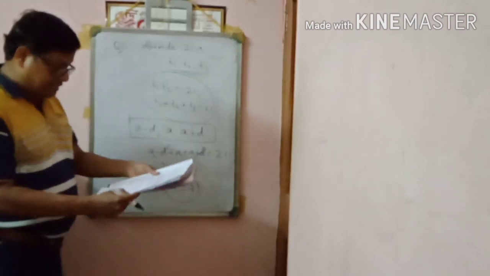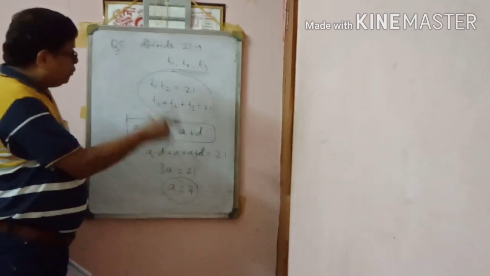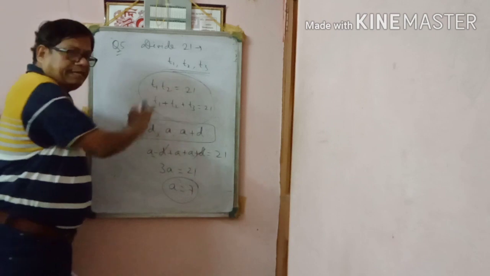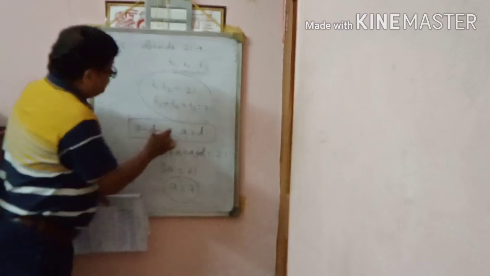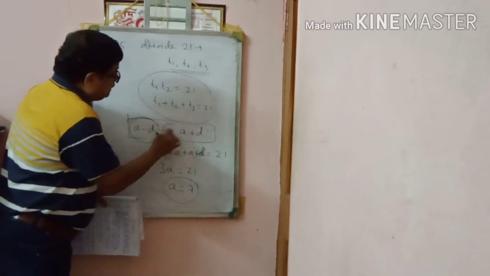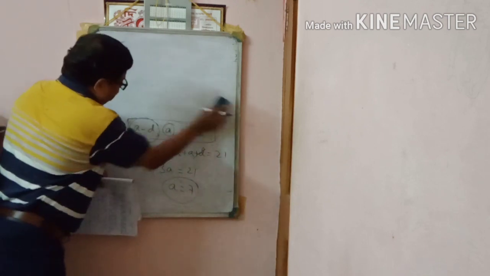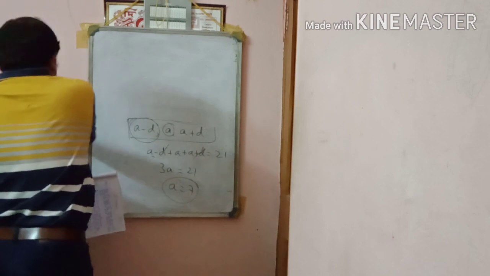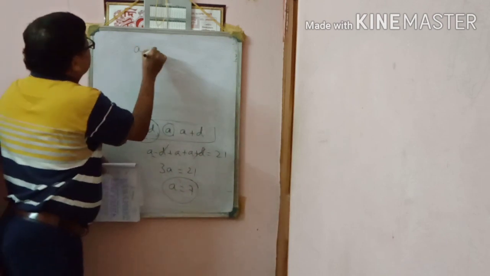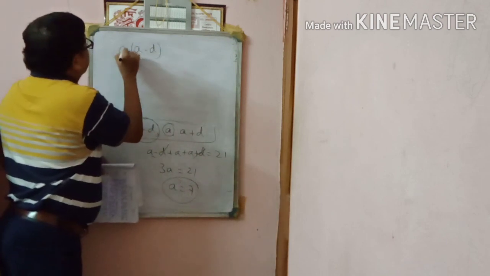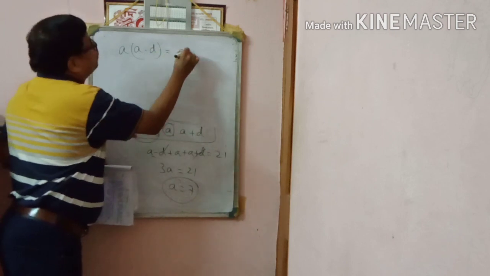And the product of the first term and second term is given as 21. This is the first term, this is the second term. So we can write (a minus d) into a equals 21.